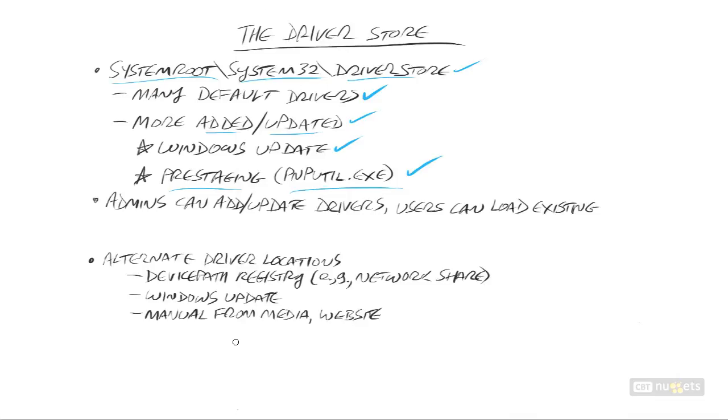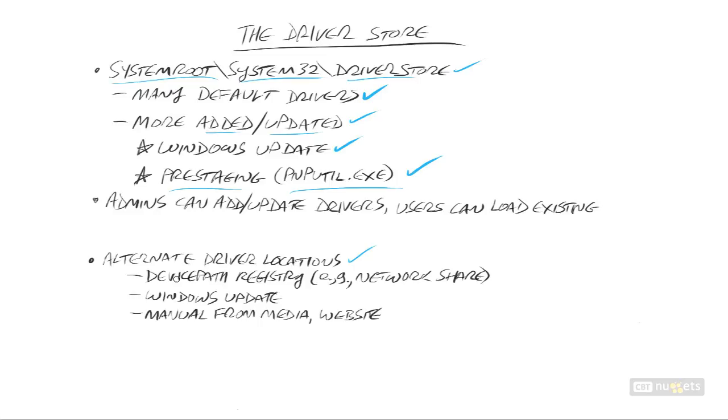Then as we move on down here, let me point out that there's alternate driver locations as well. This can be very handy because you may not want to, for example, drag around shiny media or always go to the manufacturer's website and download the driver.